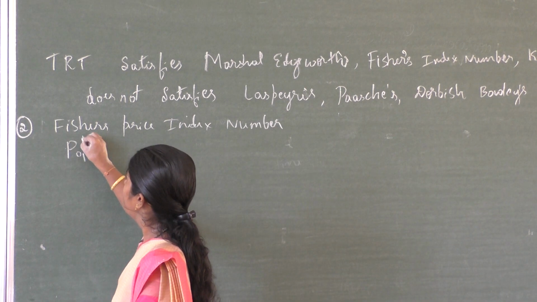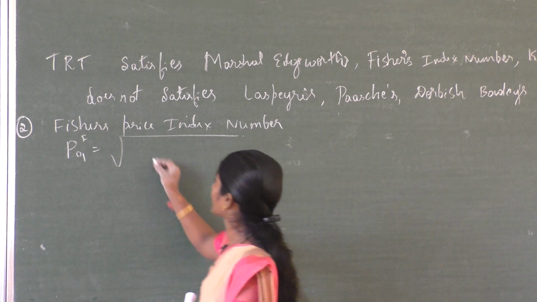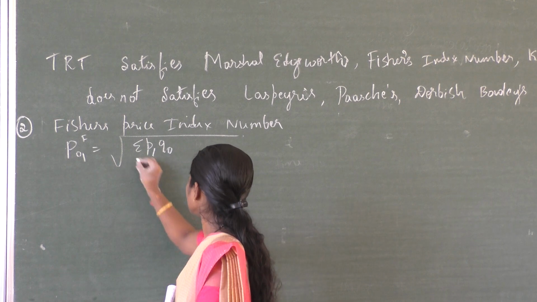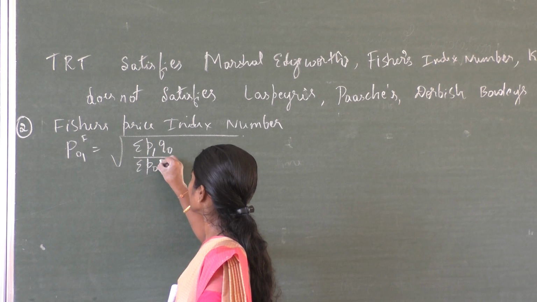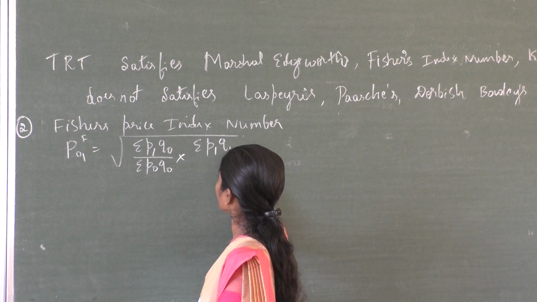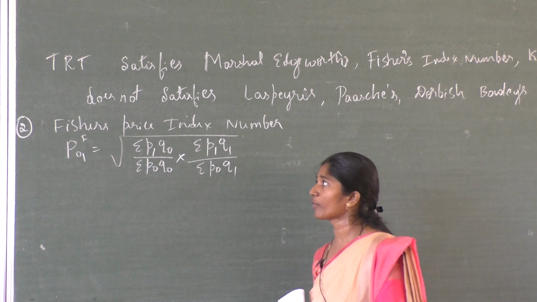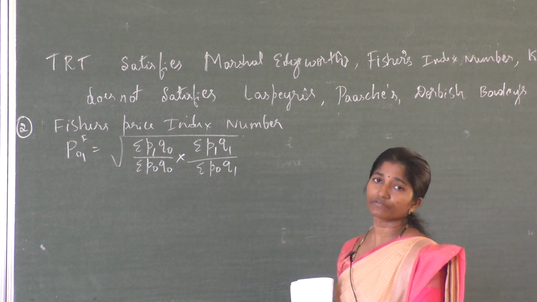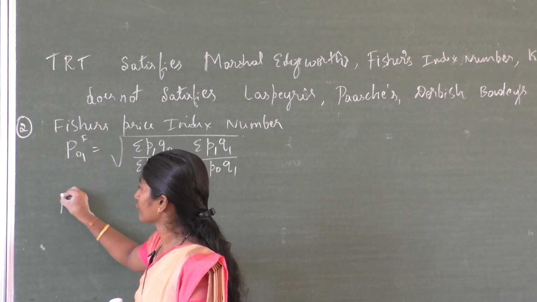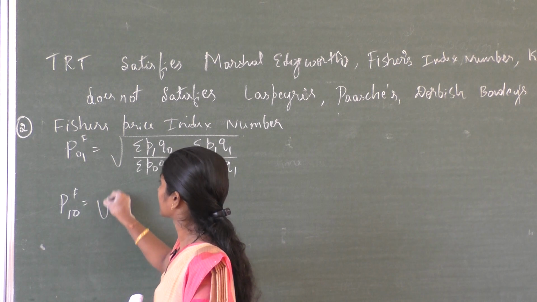P01 of Fisher's is equal to the square root of our formula. This is our formula of Fisher's. When we write it in the reverse order, that is the time reverse of Fisher's, P10 of Fisher's.